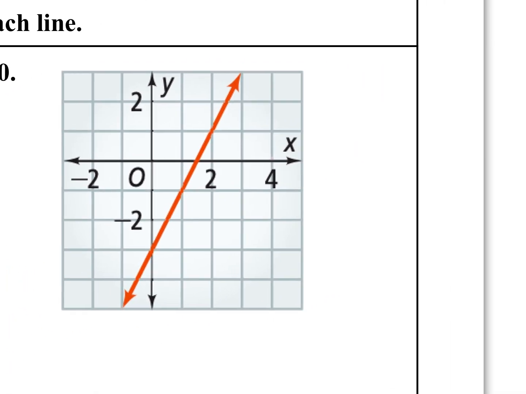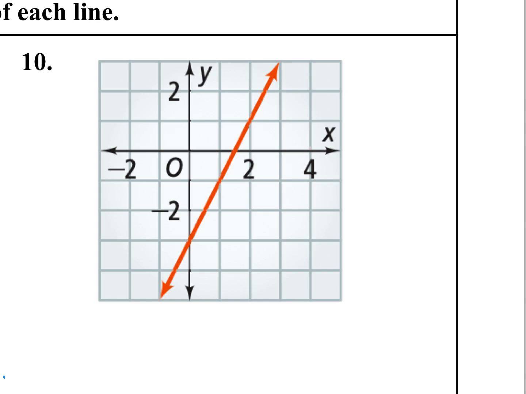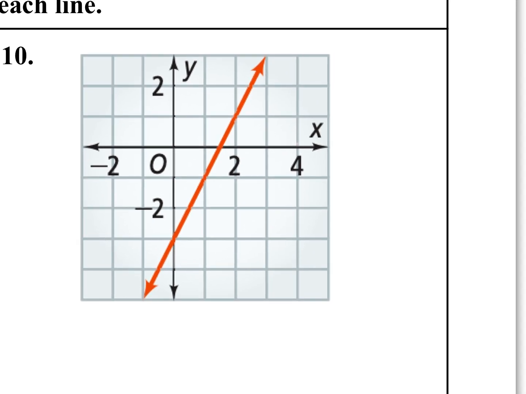Okay, so let's go for the next one, number 10. In here, I saw again that my graph has crossed the y-axis at -3. That tells me that -3 is going to be my y-intercept. Now my slope is going to be rise over run. So if I start from -3 and go up, that's going to give me 2 units going up.